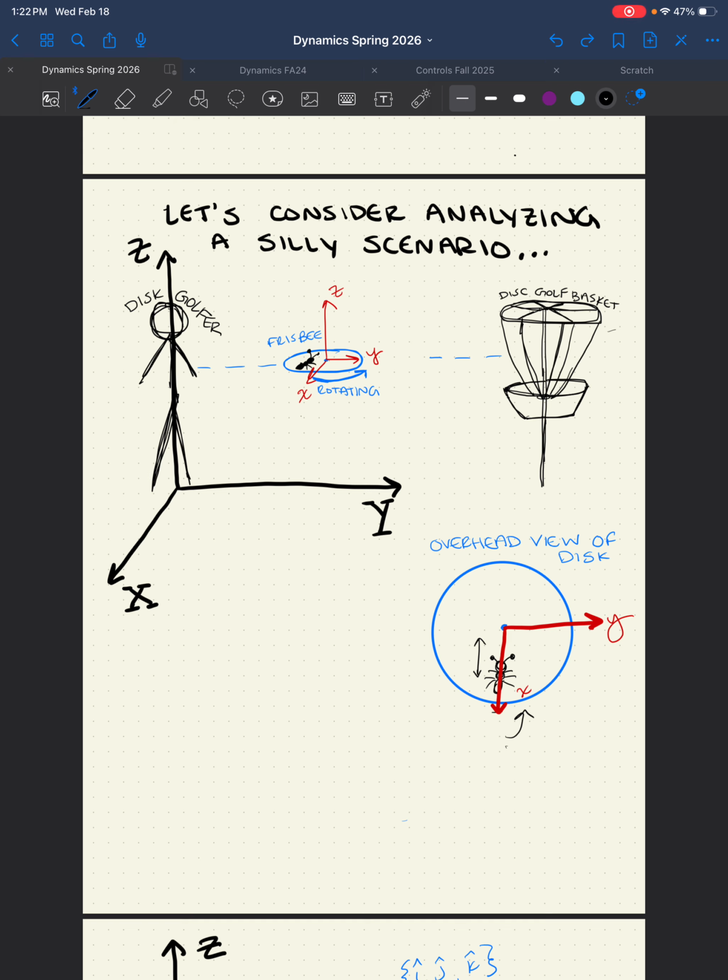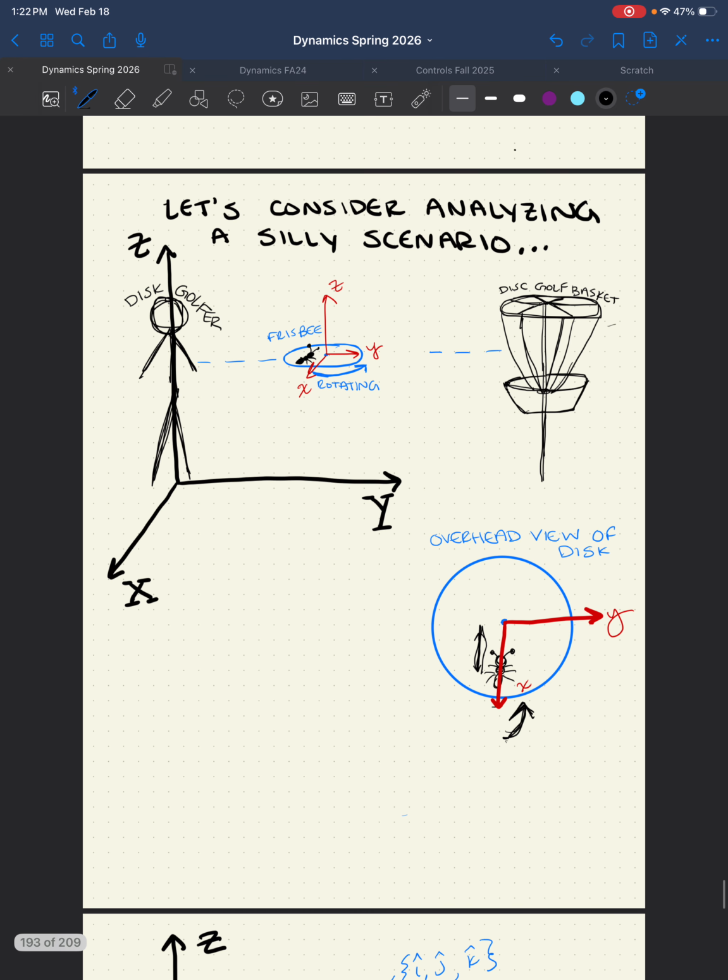And for whatever reason, maybe we consider that this is like an OCD ant who has a lot on their mind, and they have a very repetitive, interesting motion, which is they're moving back and forth along the Frisbee only in the X direction of the Frisbee. So only along this little red X direction if we were to look at this Frisbee from above. Okay, so the ant is just moving forward and backward from the origin and back out to the edge, to the origin, back out into the edge.